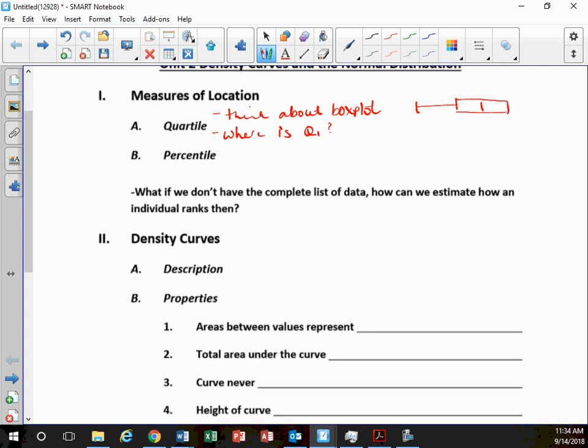Made a little box plot. Let's know which of those little values is Q1. The edge of the box. Yeah, the left edge of the box over there is Q1. That's the 25th percentile.